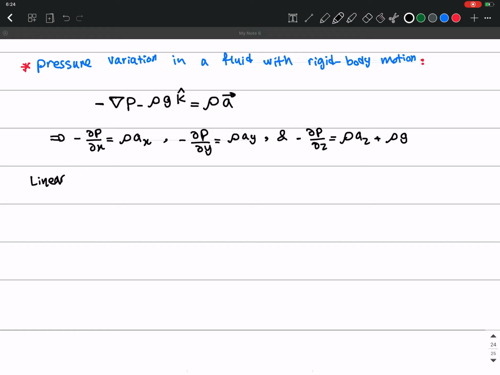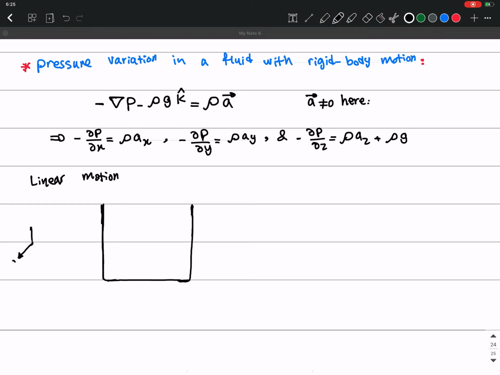Okay, so now assume we have a simple linear motion. So a is not 0 here. Assume that we have a tank of water like this, and then this is the coordinate system.